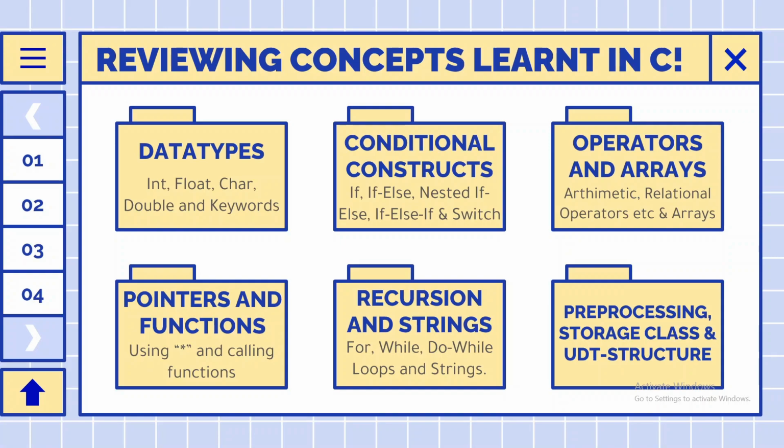Recursion is basically looping statements, which are of three types, which are for loops, while loops, and do while loops. And strings is a type of data. Lastly, we have preprocessing, storage class, and utility structure, which basically defines how C programs are compiled and executed.